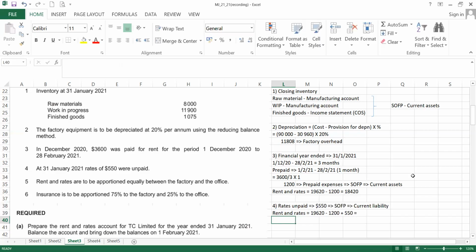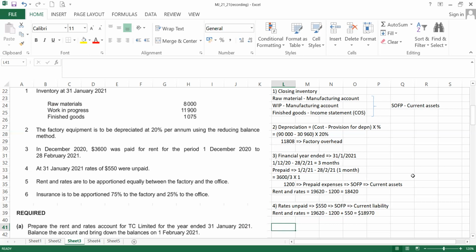So we calculate again, 18,420 plus 550. So we get 18,970. So this is the amount for the rent and rate for the year.